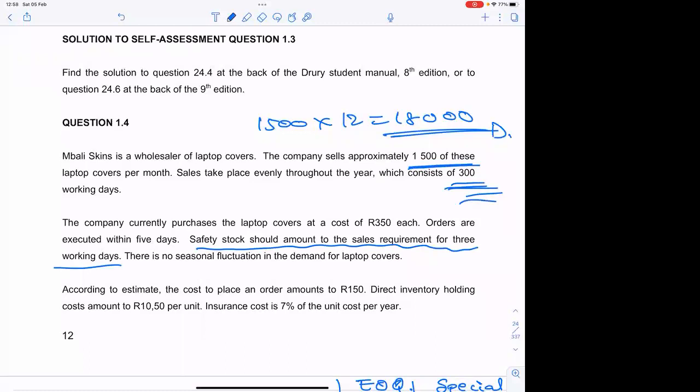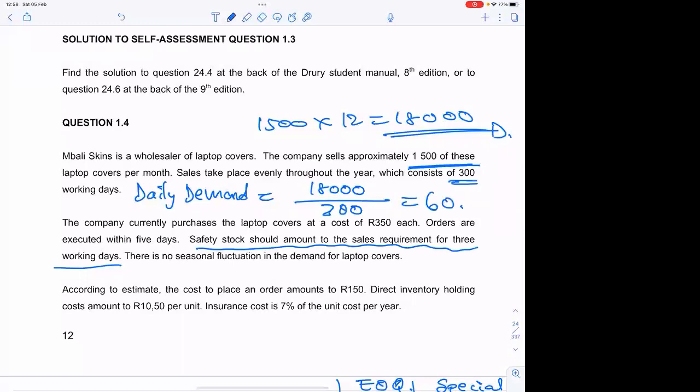So for us to get our daily demand, it will be 1,500 times 12, which is 18,000, divided by 300 days in a year. So the demand per day is 60.